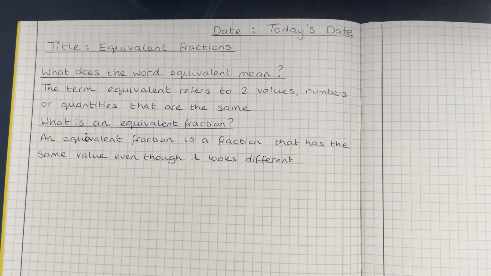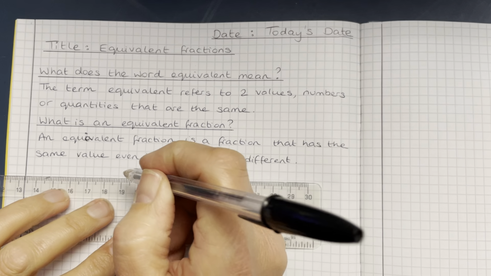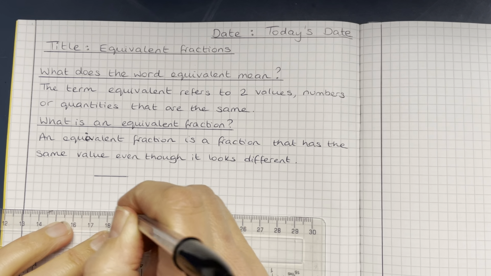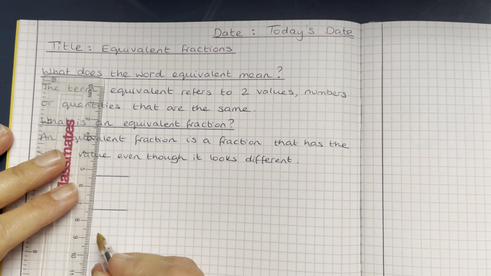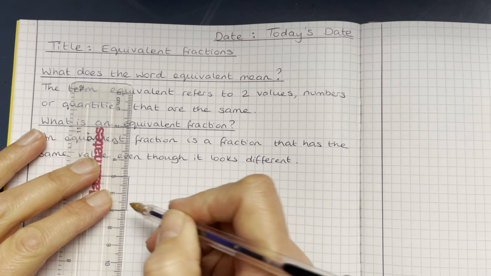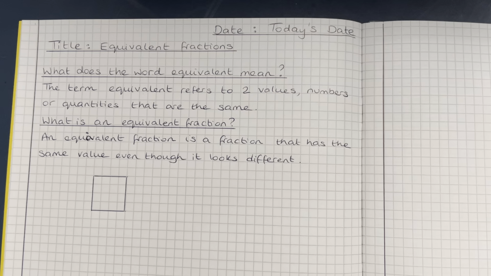Right, okay, so maybe we could have a little look at an example. So let's draw out a quick rectangle. Actually, let's make it a square. Doesn't really matter, it's just representative. I'm going to do a 4 by 4 square. Okay, that's my whole.